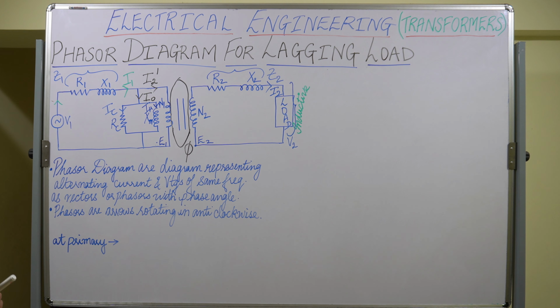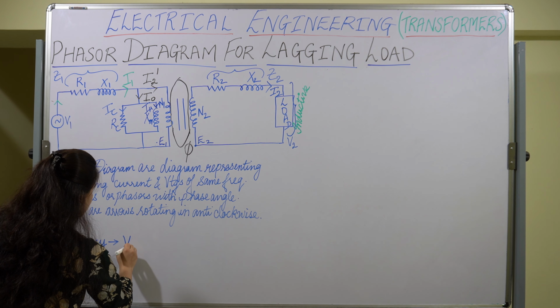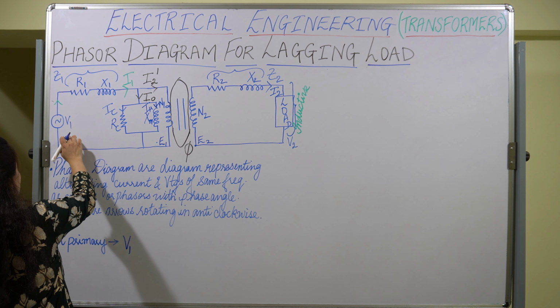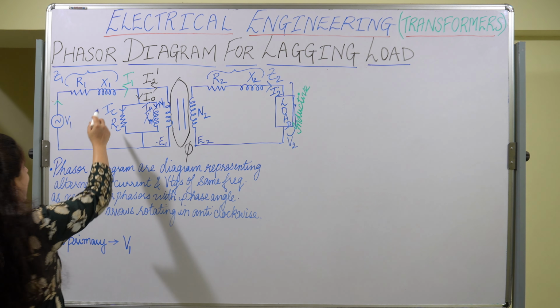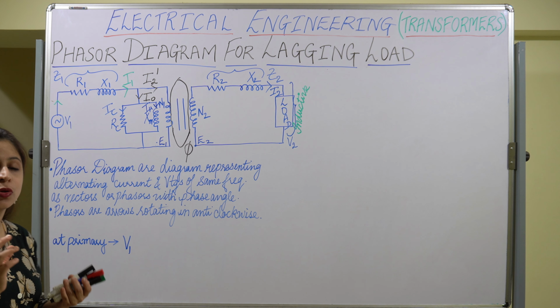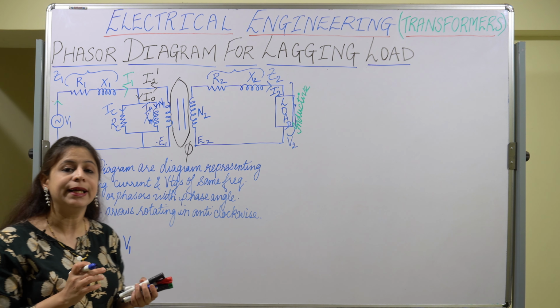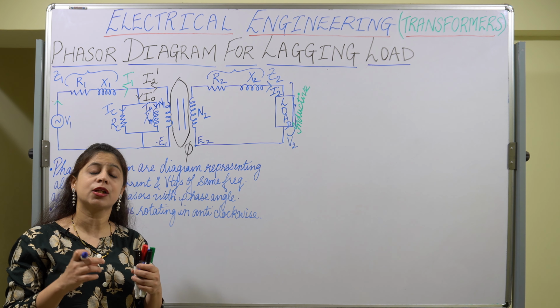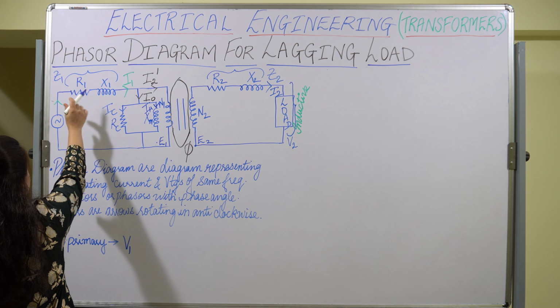So at the primary side we are starting with V1. V1 is a voltage source, then there will be a drop in the resistance and the reactance, and the drop is always denoted by the negative sign. Since it is Kirchhoff's voltage law, we will give the drop across it.